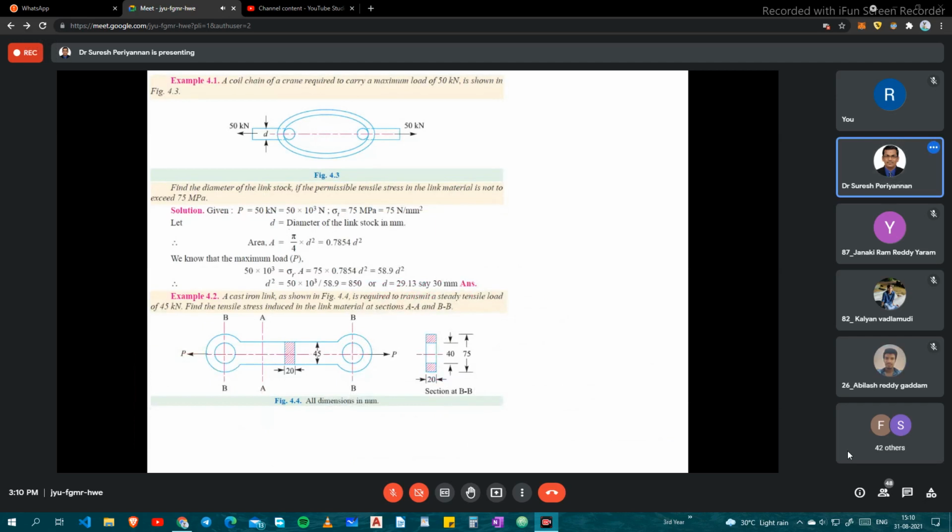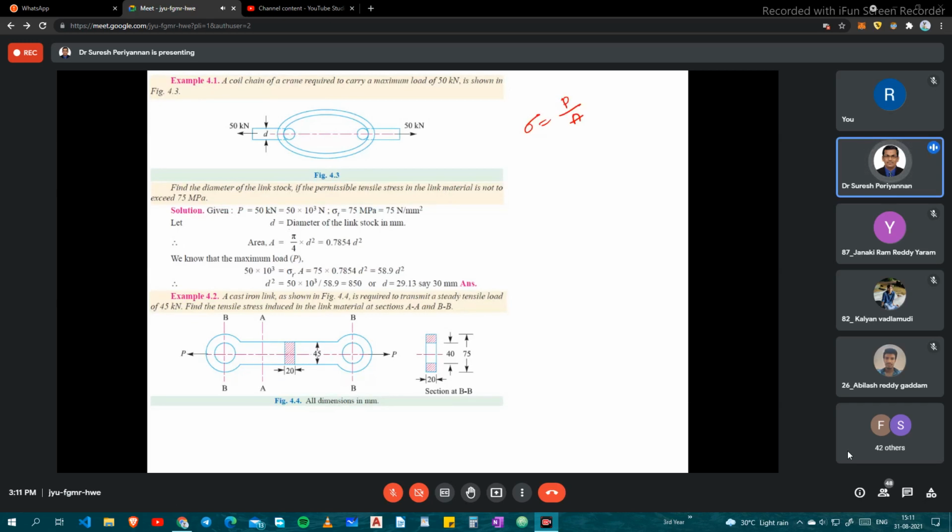Very simple. Our aim is the chain hook, the chain we are using in the crane, the link stock, whose dimensions we would like to design here. The permissible tensile stress is given as 75 megapascal. Stress is equal to P by A. That's all.